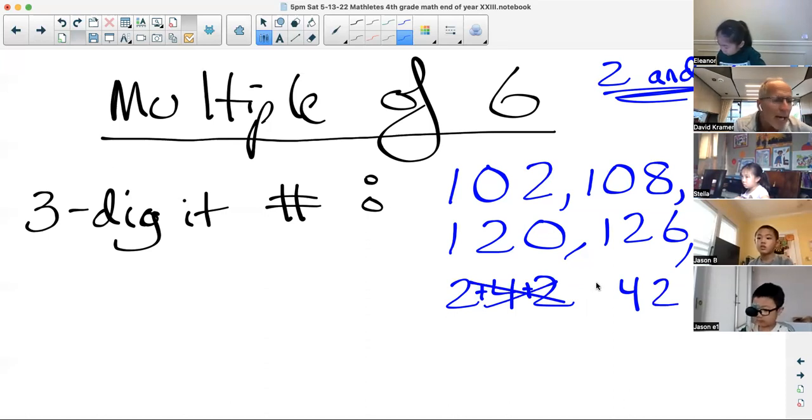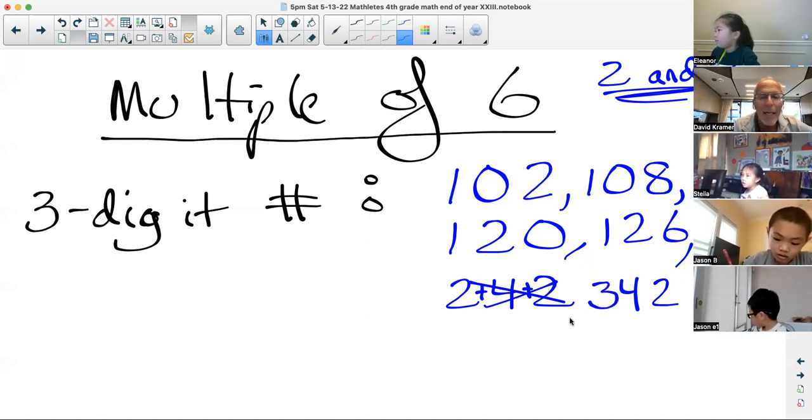What digit would you want to add? 8? That's not going to get you a multiple of 3. Come on. 2 plus 4 is 6. If you add a 3, 342, that's a multiple of 6. Now write down a bunch more.